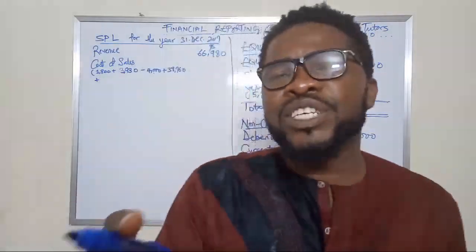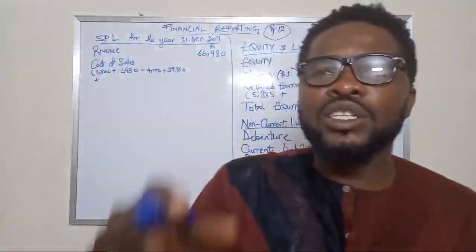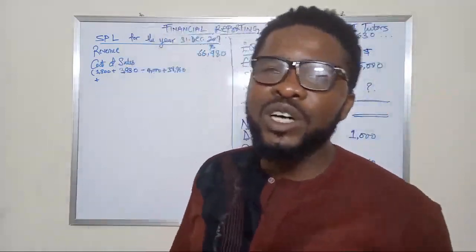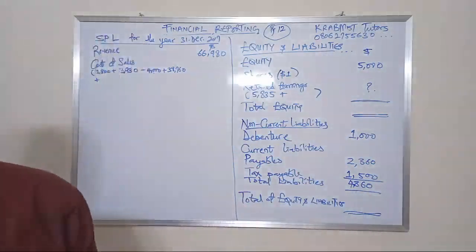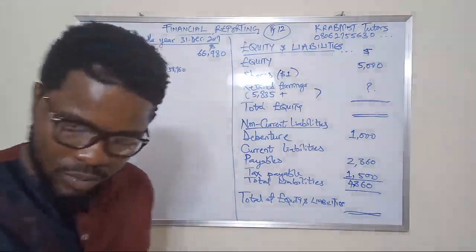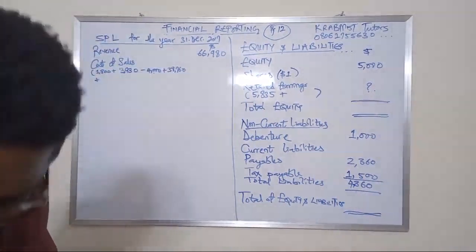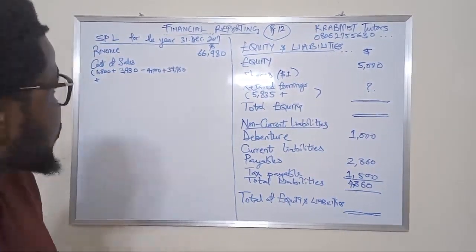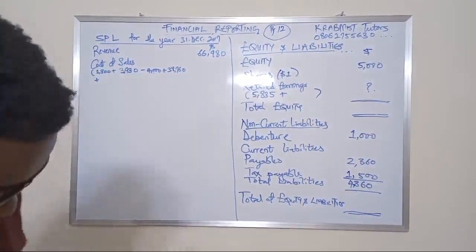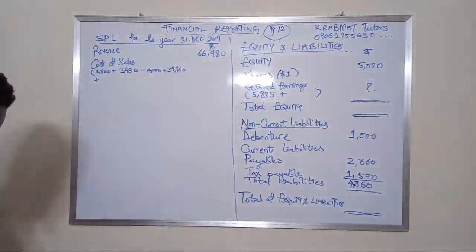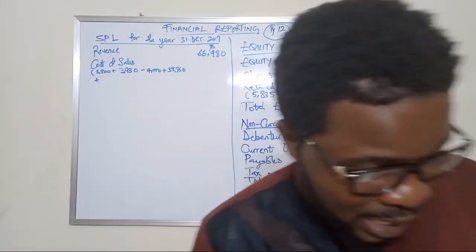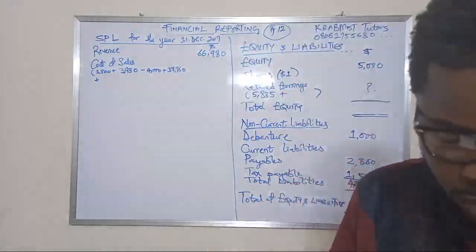Can you remember the depreciation for the car and depreciation for the building? They go into cost of sales. Depreciation for car and depreciation for the building. What was it?